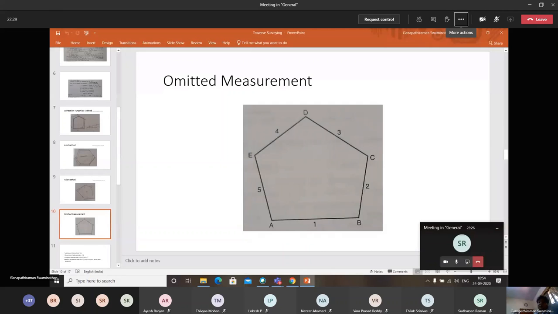Anything can happen. How do you solve the problem? Anybody? Because surveying is the application of geometry. How will you solve the problem here?